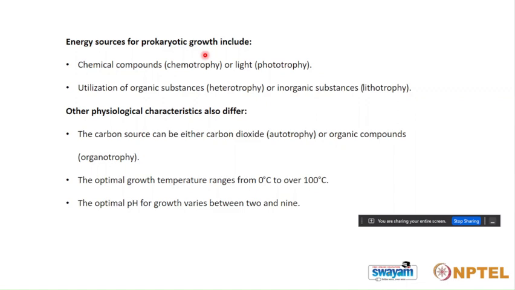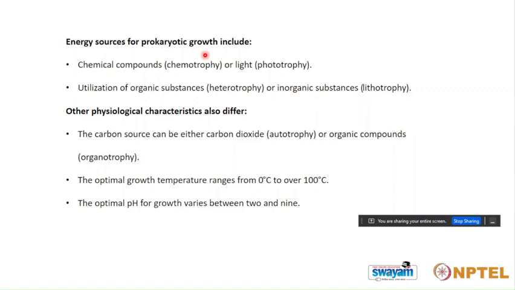Prokaryotic organisms rely on different energy sources for their growth. If prokaryotic organisms rely on chemical compounds, we can call the mode of nutrition chemotrophic. Or if they rely on light, we can call the mode of nutrition phototrophic.